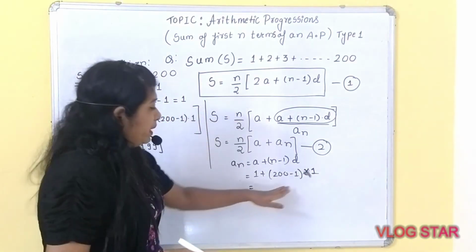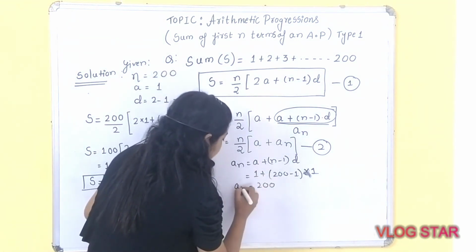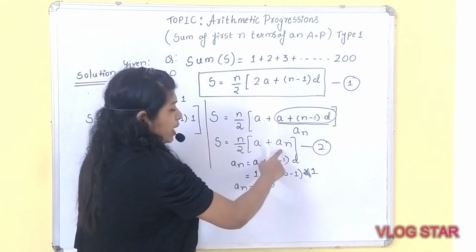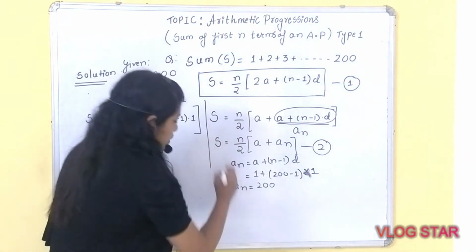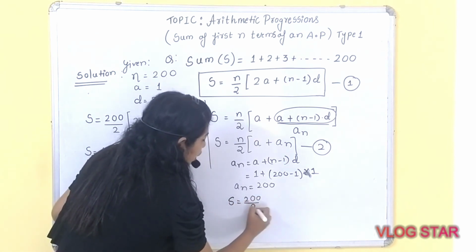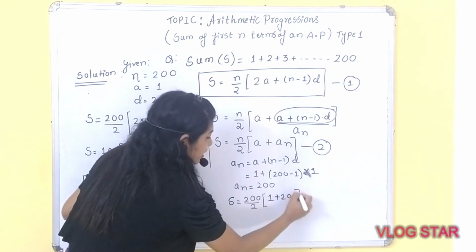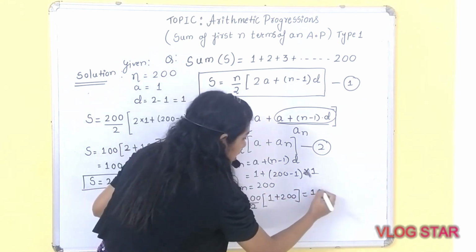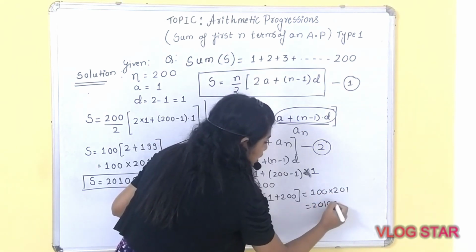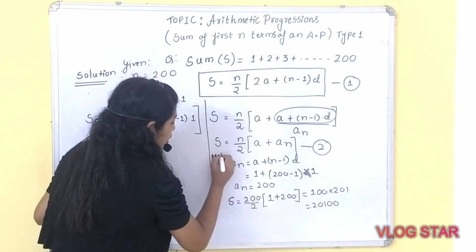If you multiply this, what you will get? 200. So an is equal to 200. Substitute the an value in this formula. So you will get S is equal to 200 upon 2 inside the bracket 1 plus 200, which is equal to 100 into 201. The final answer is 20100. So this is method 2.